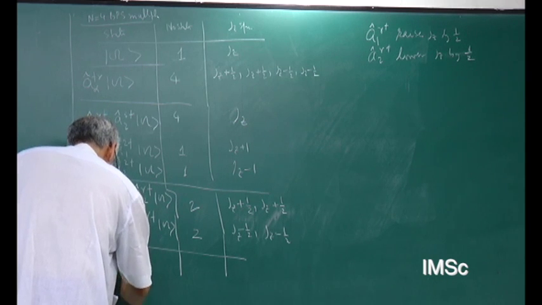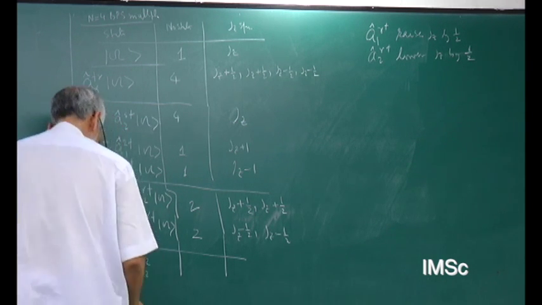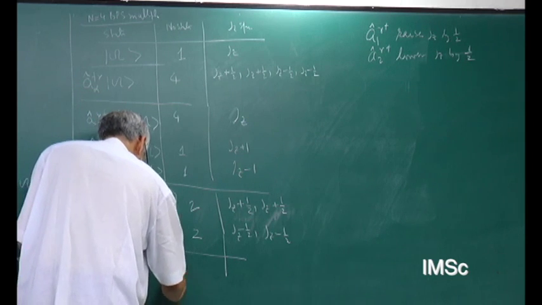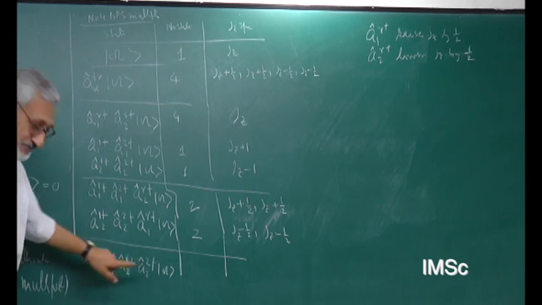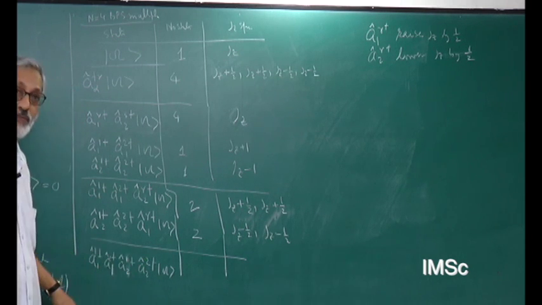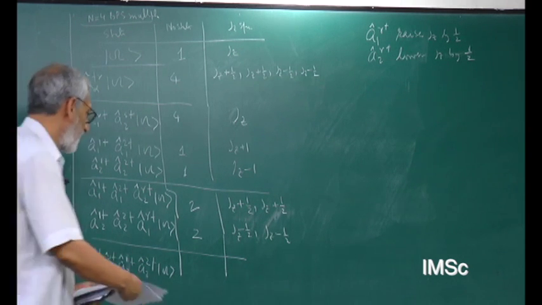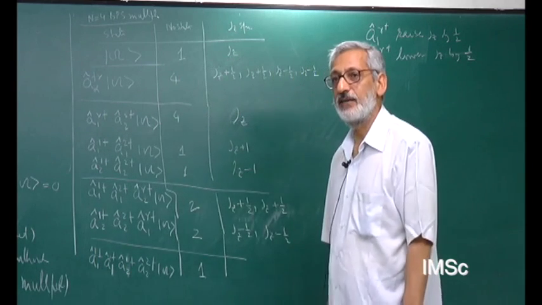A1 1 and A2 2, 1 and 2 dagger. So all the four oscillators, A1 1, A1 2, A2 1, A2 2, all the four oscillators, and there is only one state there.